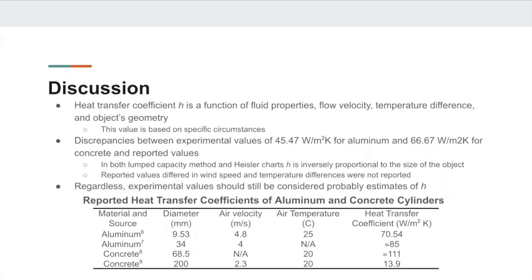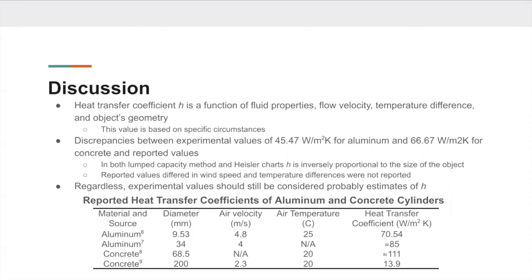One trend to point out that supports our coefficients is the fact that for both the lumped capacity method and the Heisler chart correlations, h is inversely proportional to the size of the object, whether that be the volume of the object or the radius of the object. And so this trend supports our results because the h value of the 69.9 millimeter diameter aluminum cylinder that we used was lower than the reported h values of the cylinders that had smaller diameters.